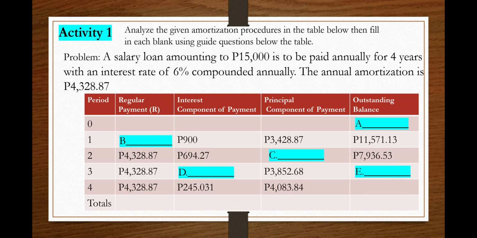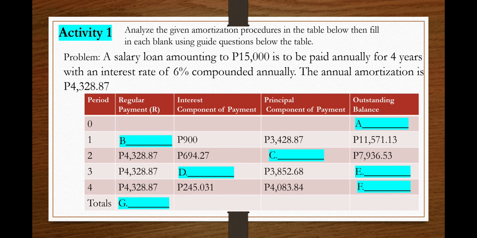How are you going to find the outstanding balance? From the outstanding balance 7,936.53, you're going to subtract the principal, which is 3,852.68, and that will be the outstanding balance. The same with letter F. Subtract.